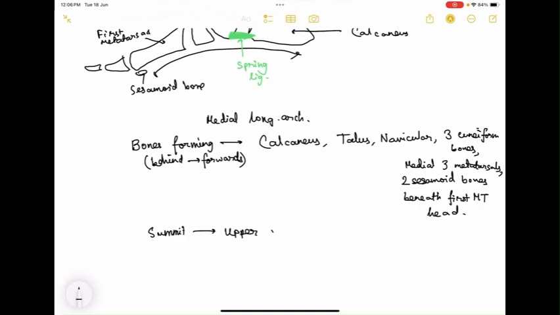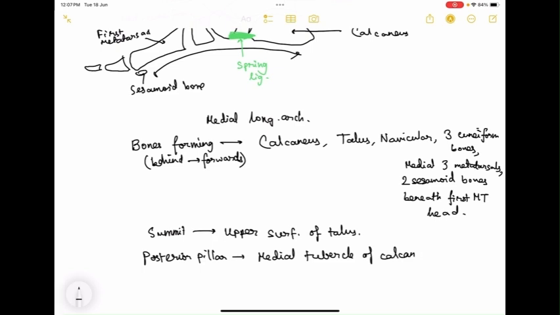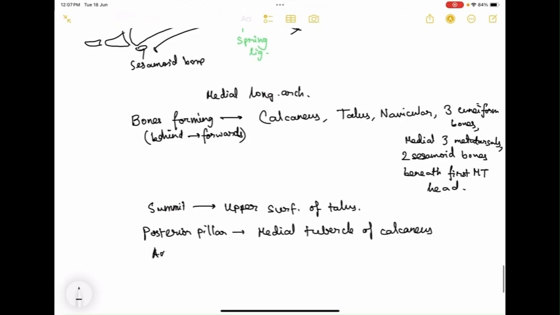Summit: upper surface of talus. Posterior pillar. You can easily see the posterior pillar. It's probably part of calcaneus only, no? So posterior pillar, medial tubercle of calcaneus. Anterior pillar, heads of medial three metatarsal bones.